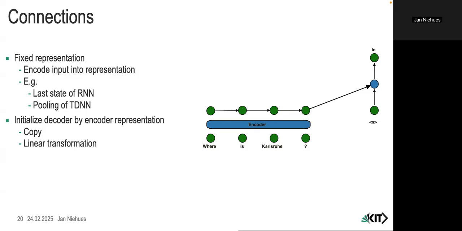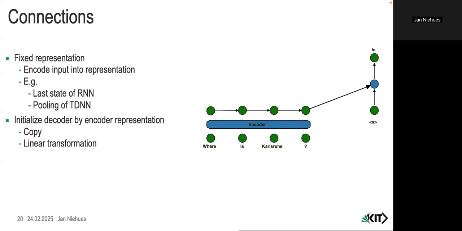How about self-attention? Could you also do self-attention in your encoder? Would you take the last one, or which one would you take then? Yes? By just doing the cross attention, by having a query going over the whole encoder.